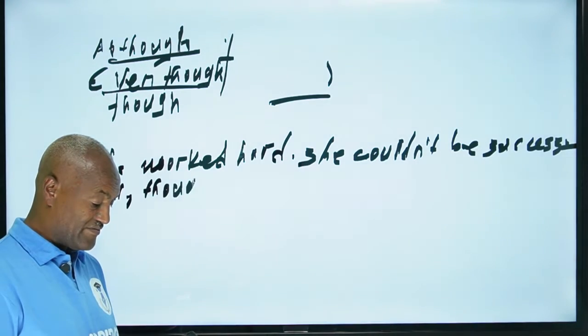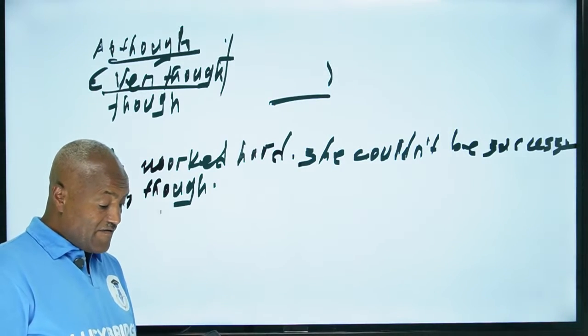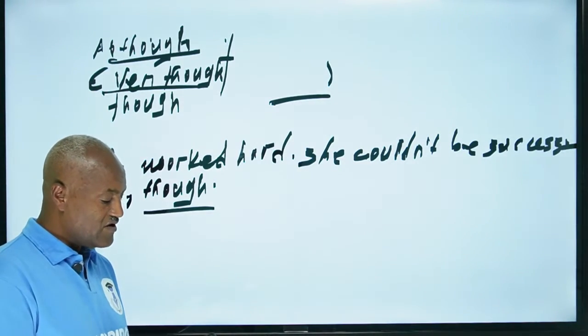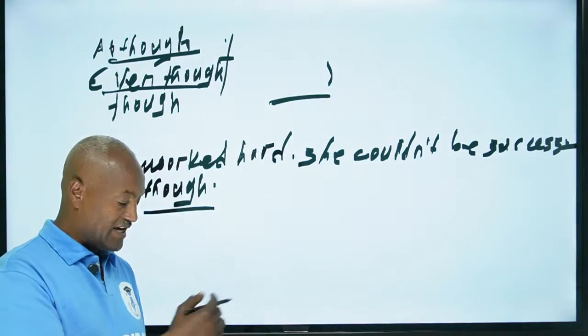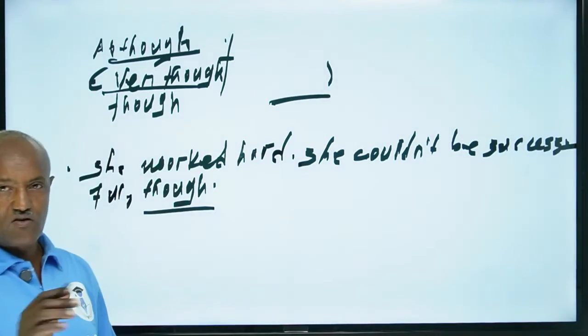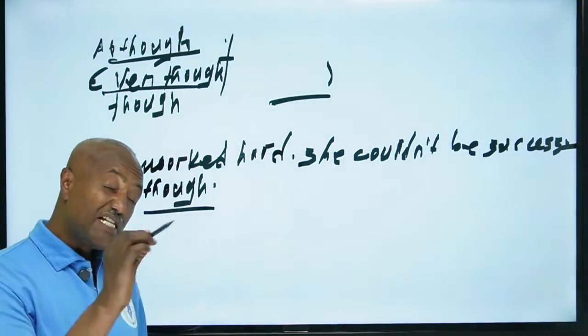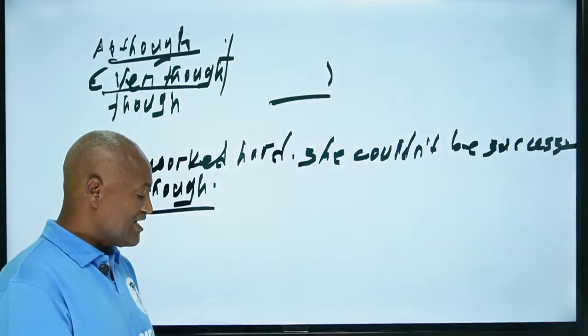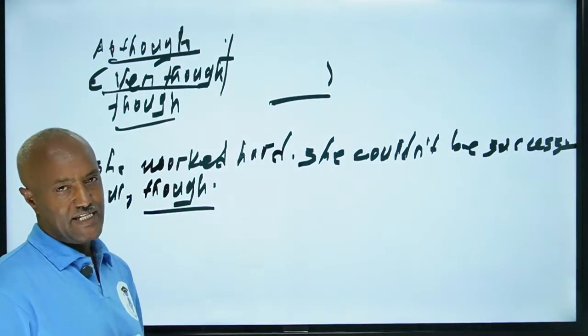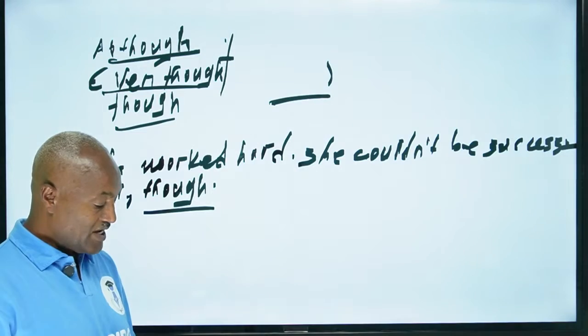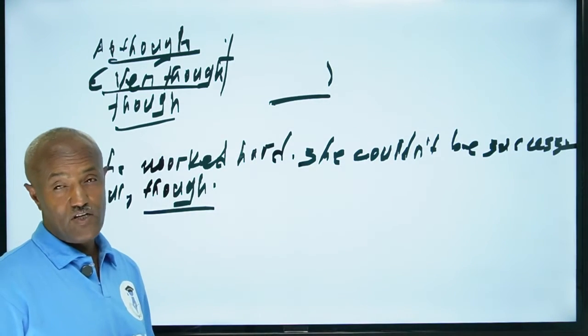Have you seen? For instance, here, although and even though can replace each other, that means one can replace the other without distorting the sentence, but there is a possibility where "though" and "even though" cannot replace it. This is what you have to remember. And then at the end, only "though" can be used.